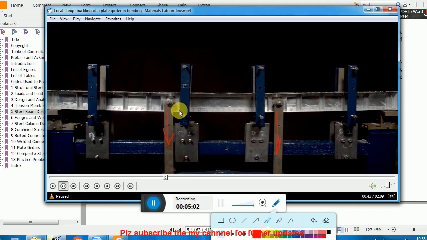Here you see this region, where local flange buckling occurred, followed by web buckling as well. Let me show you.